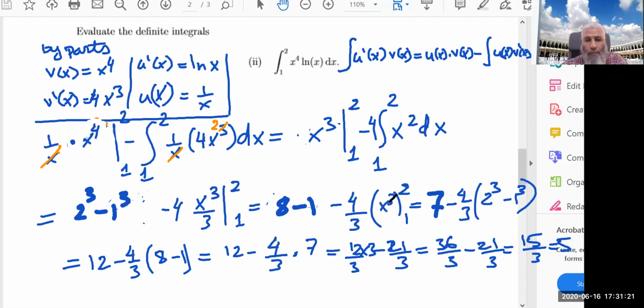This is x power 4 or x power 3? It's 4 over 3 x power 3 from 1 to 2.